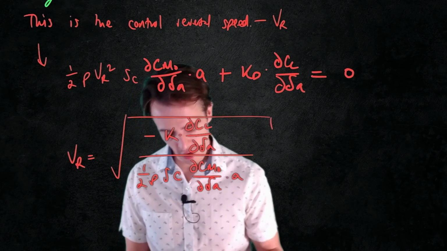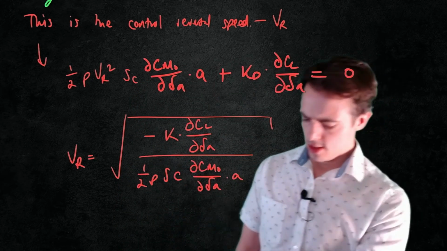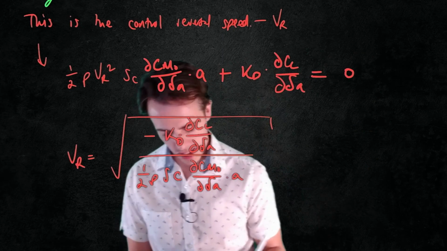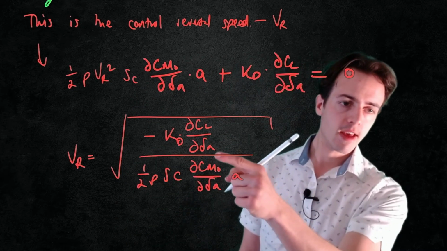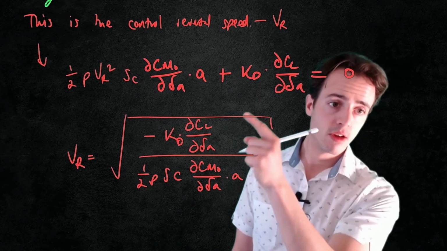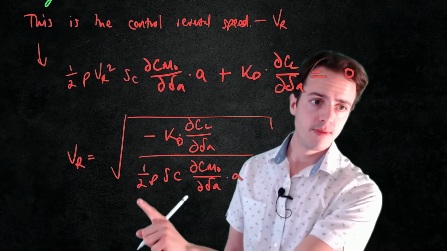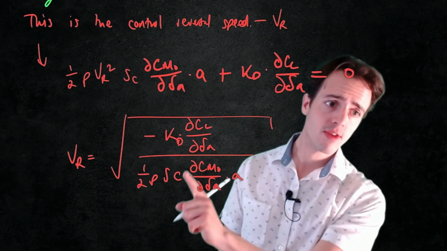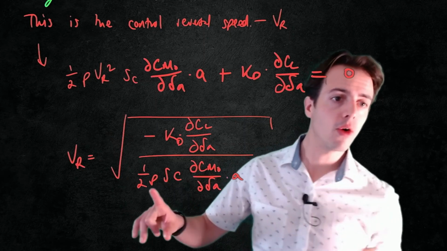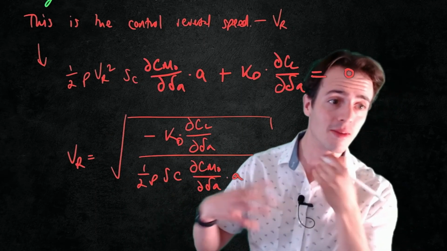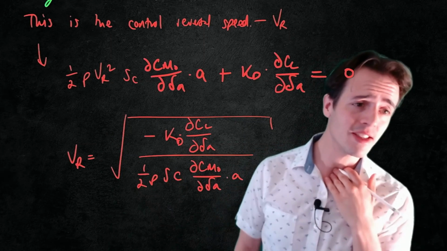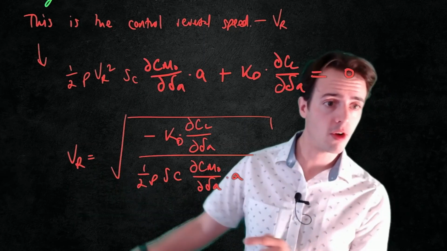Okay, so the control reversal speed is the square root of torsional stiffness. This should be KD. KD, dCL on d delta A, the rate of change of the lift coefficient of the wing with the aileron deflection. Half rho S C, I automatically wrote half rho V squared because I'm used to writing dynamic pressure, but the V is what we've just solved for.